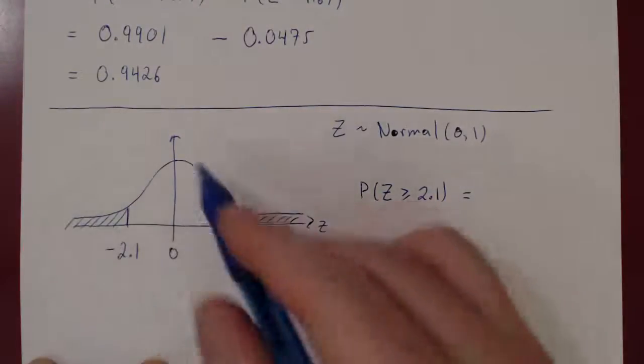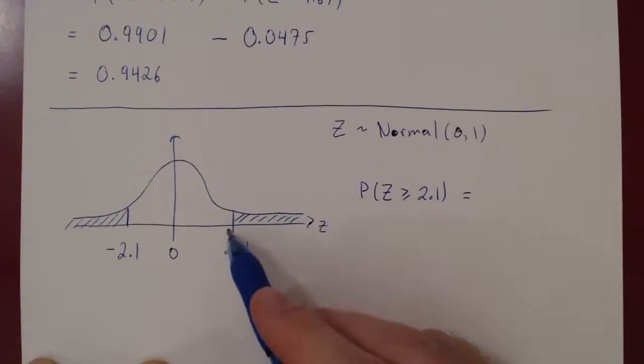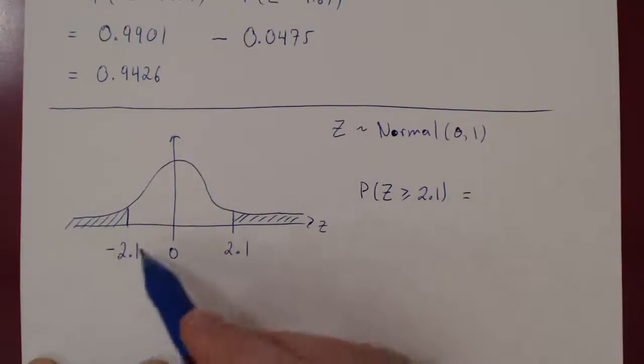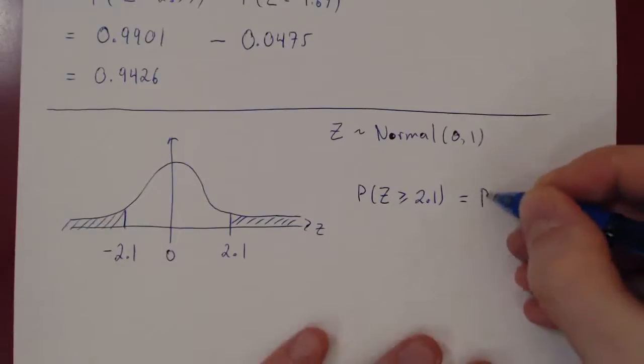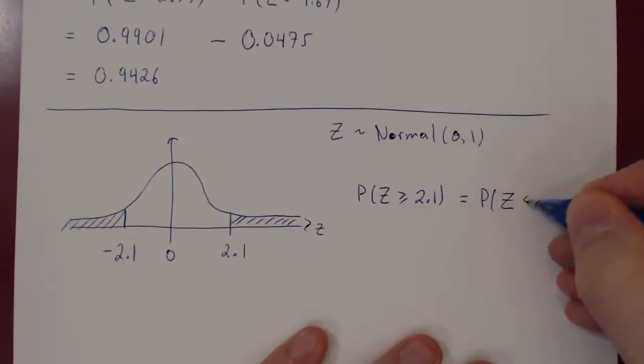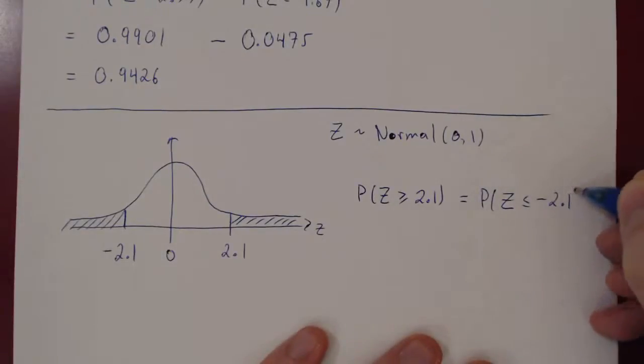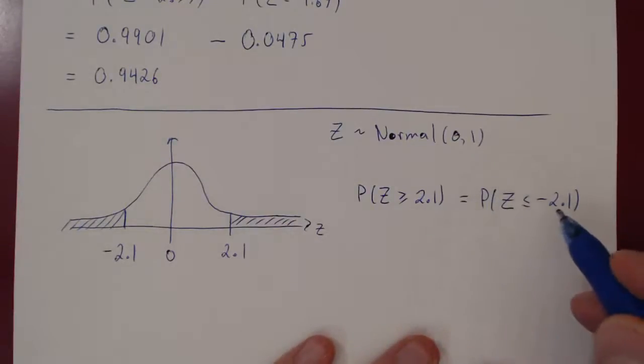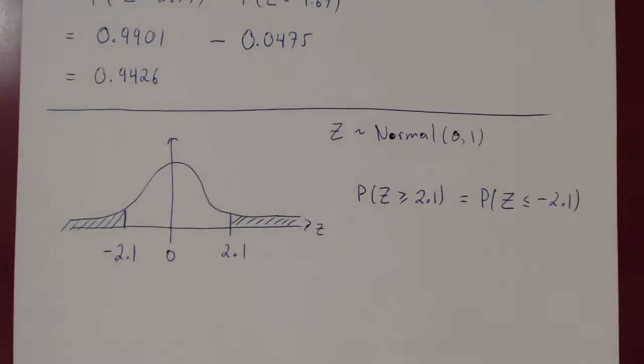But because the distribution is symmetric, the area to the right of 2.1 is the same as the area to the left of negative 2.1. And now you have the probability of z lying to the left of a given z score, and this you can read from the normal distribution table. Because we have a negative z score, we will consider the first side.